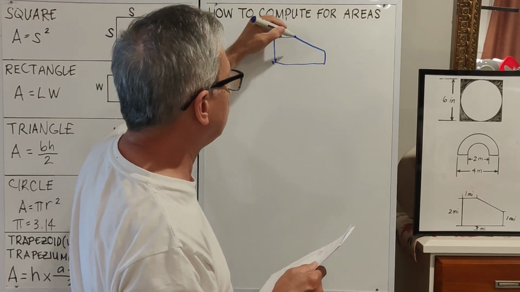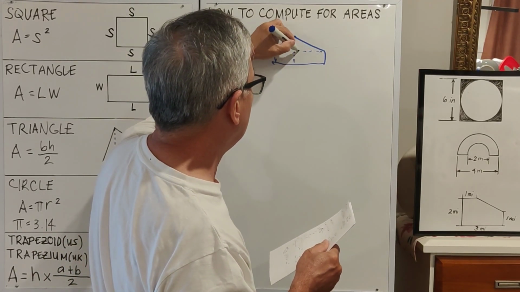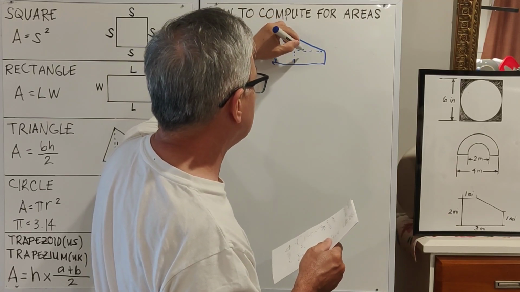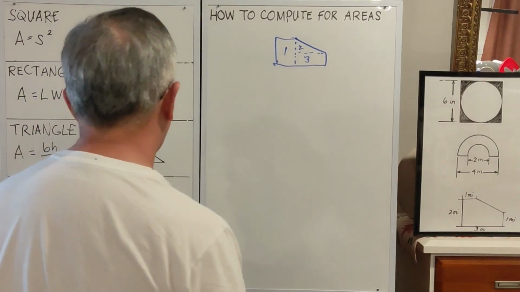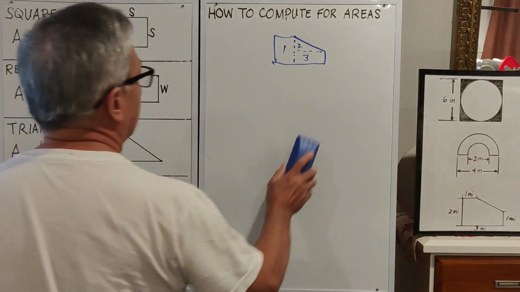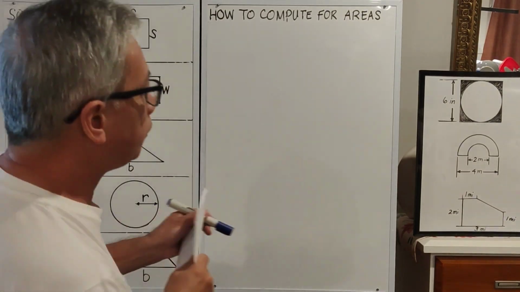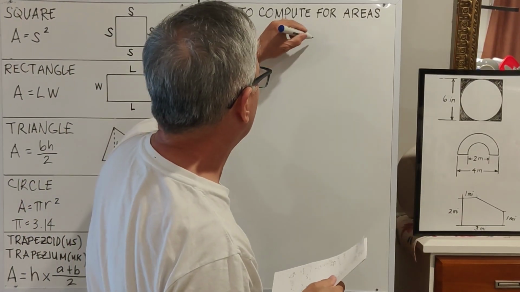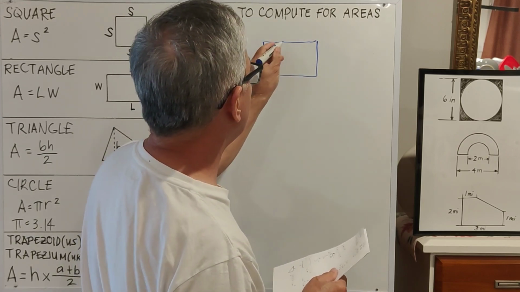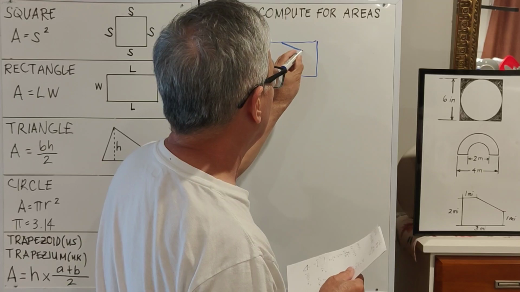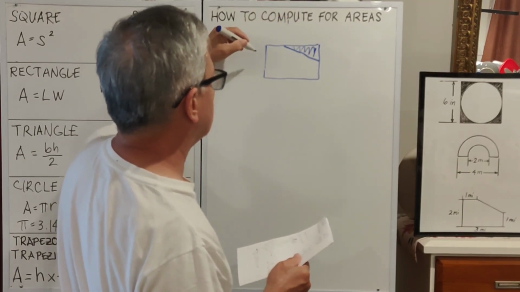One is to make imaginary lines, and then we compute for the area of these three shapes, and then we add them. But a simpler method would be to compute for the area of the rectangle minus the area of the triangle.